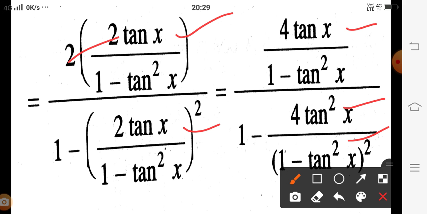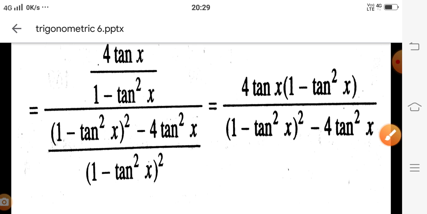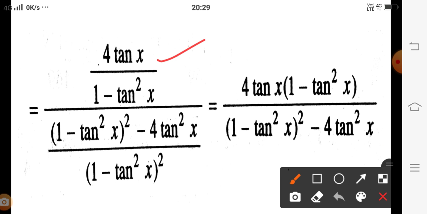Then on simplifying by taking the LCM, in the numerator we get 4 tan x upon 1 minus tan square x, and in the denominator after taking LCM we get 1 minus tan square x whole square minus 4 tan square x. Then solving this, 1 minus tan square x will cancel out, and the remaining value we get as 4 tan x.